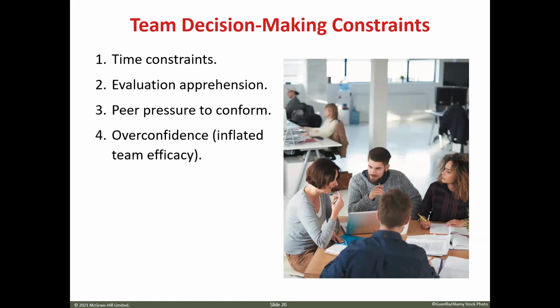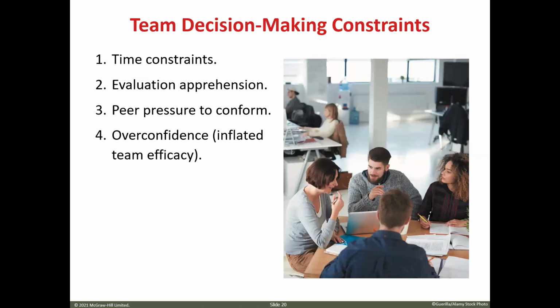Sometimes, of course, we have peer pressure. So the pressure that you get from people around you, and then sometimes your co-workers don't agree with you. If this happens a lot, you're unwilling to share your ideas, and that can affect your role in that decision making.